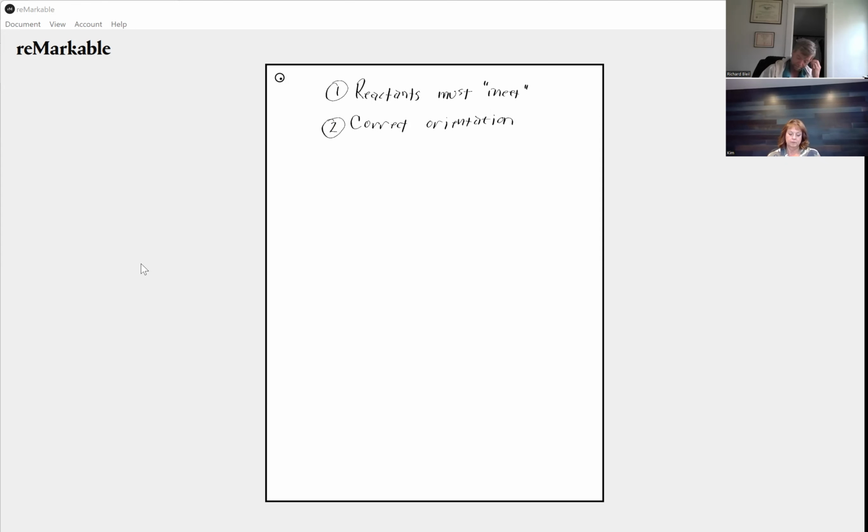In other words, and I don't know, but suppose the methane comes in contact with the oxygen on the end. That may not be what you need to actually start the reaction.